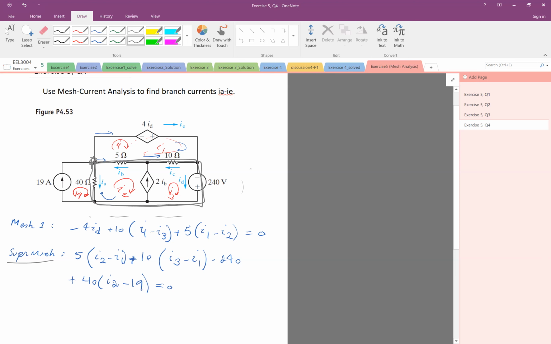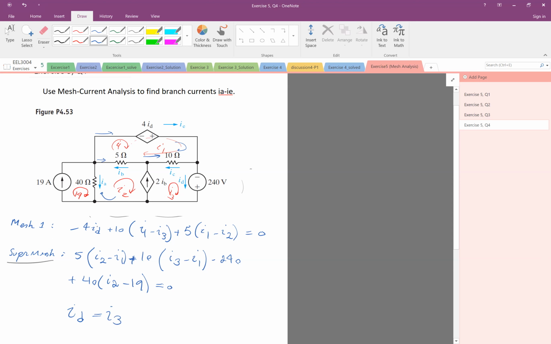Now, so let's see. I1, I2, I3, and there's an ID. Look at ID. The current of ID is exactly equal to I3. Hopefully everybody agrees. So ID here is equal to I3.